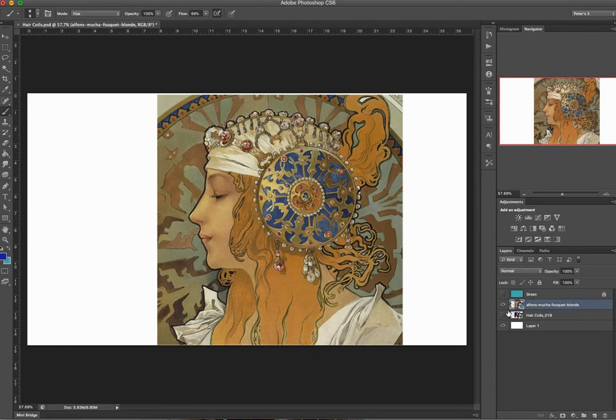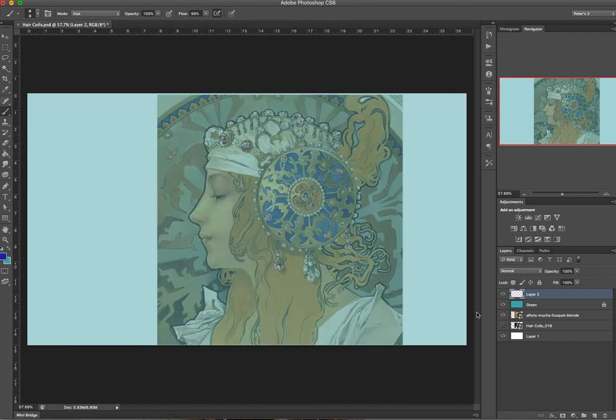Musha. Now Musha simplified the hair by creating a single pattern. He very rarely, and this is on one occasion, puts the twist inside there.